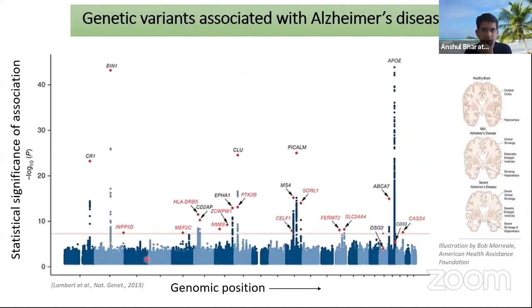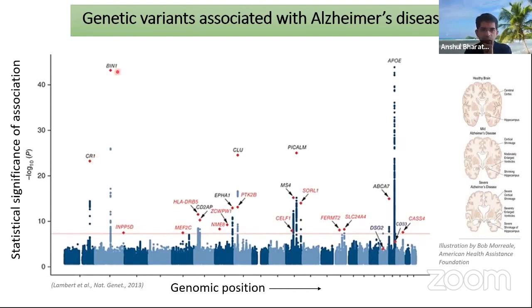And so here what you're seeing is the output analysis of a genome-wide association study for Alzheimer's disease. On the x-axis is the whole genome, okay, 3 billion positions. On the y-axis is the statistical significance of association. This just tells you basically how strongly associated each genetic variant is with the disease, in this case, Alzheimer's.